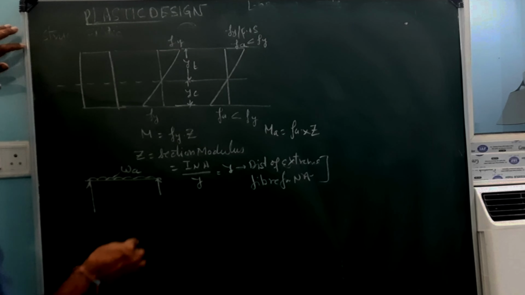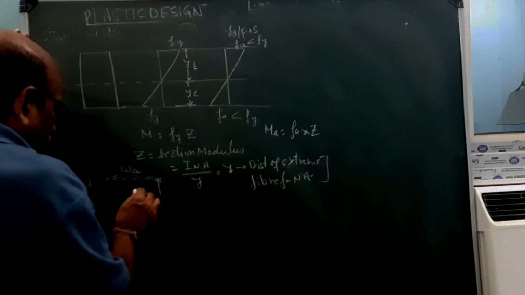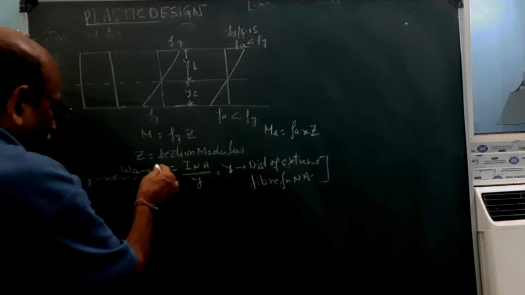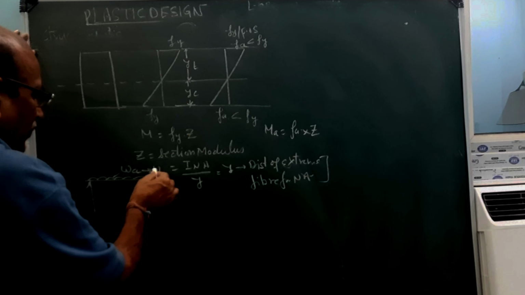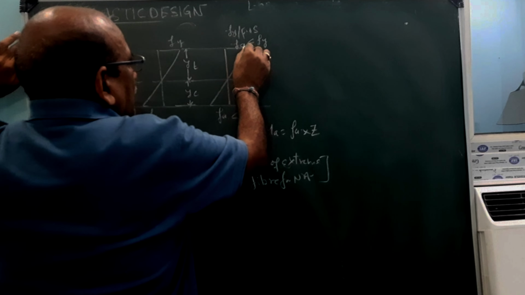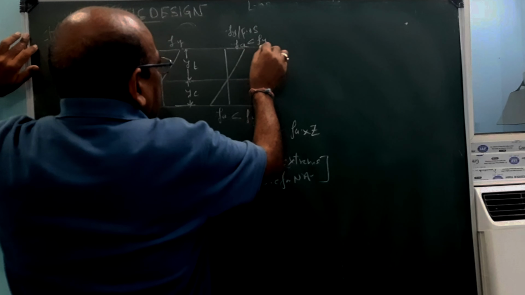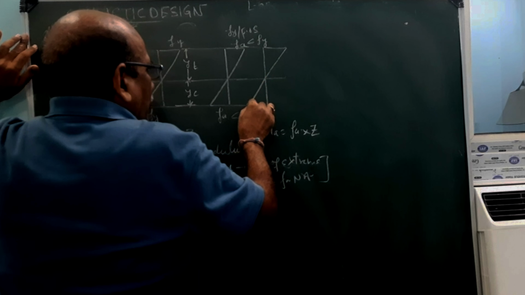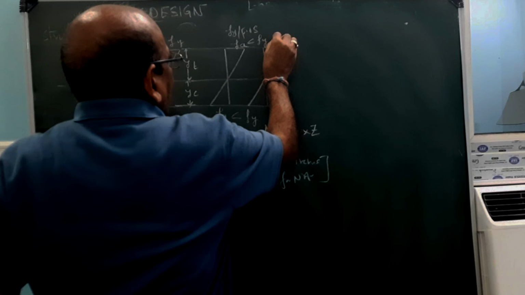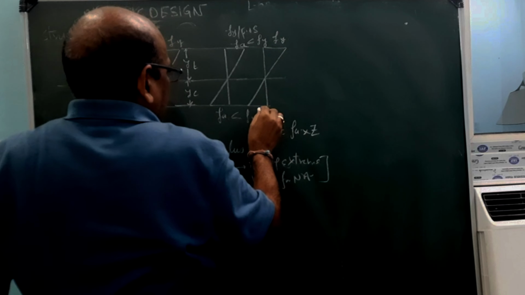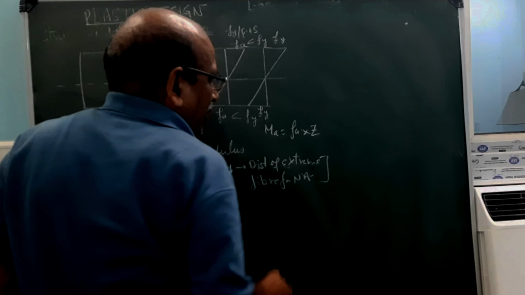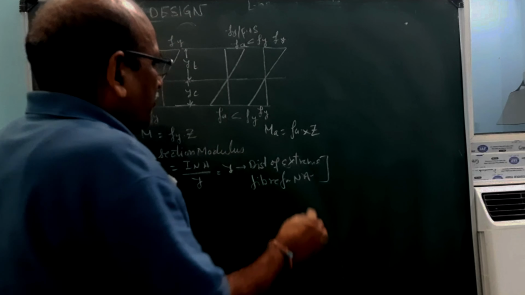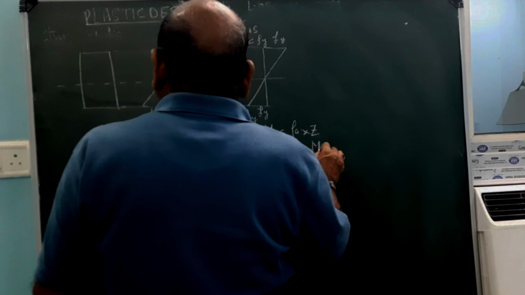If you increase the load from Wa to some more, more load is applied, what will happen? This stress diagram will change, something like this. So we can reach up to this point. This is your Fy. We can give the stress up to Fy. So this is the maximum moment which we can carry.